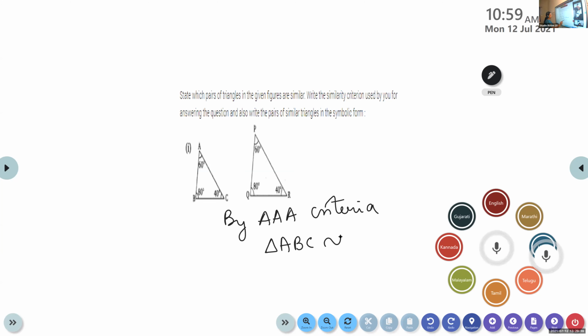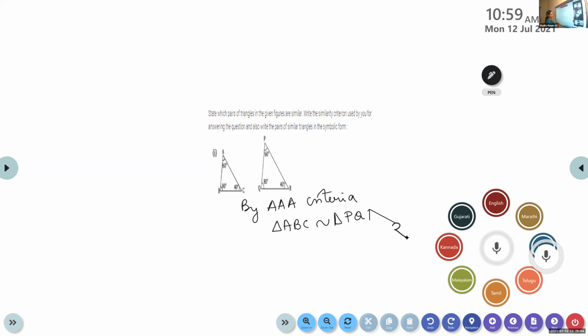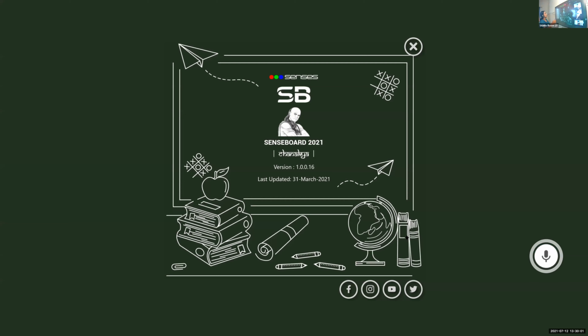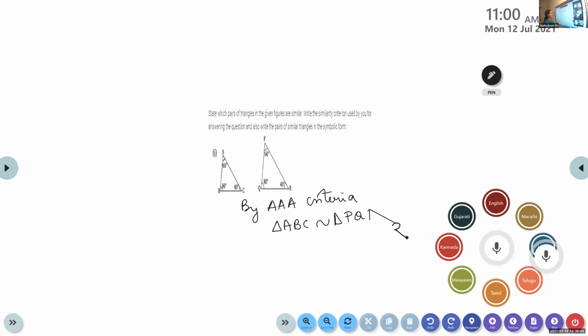At A, I am having 60, so here also we should write the correct order. Then at B, we have 80. Triangle ABC is similar to triangle PQR.